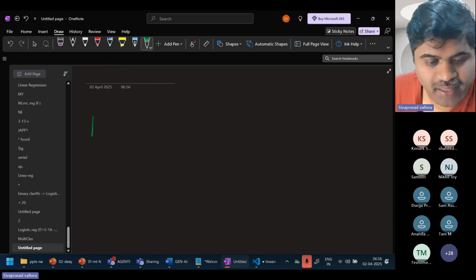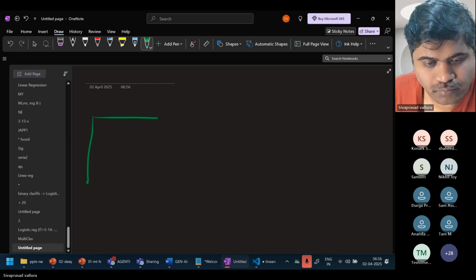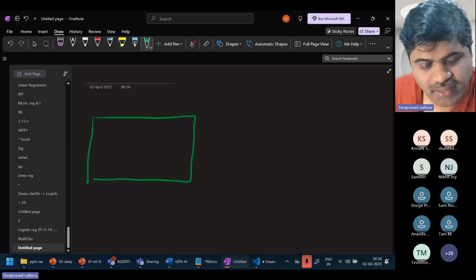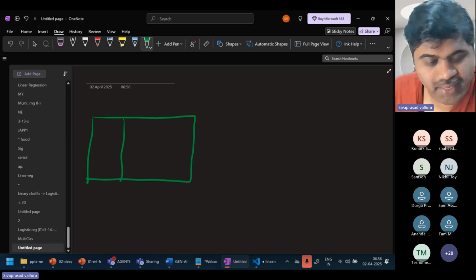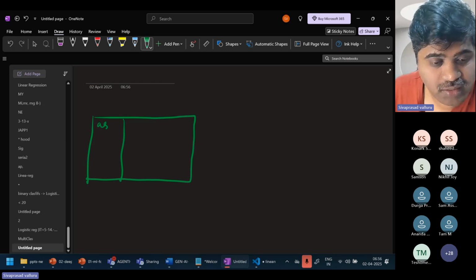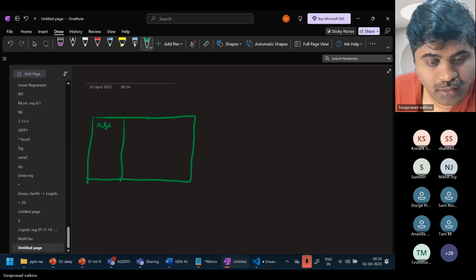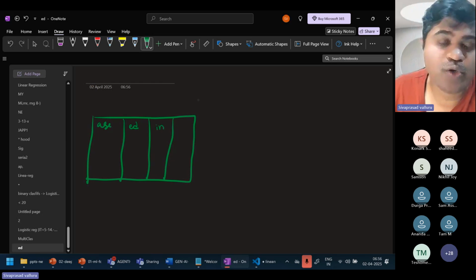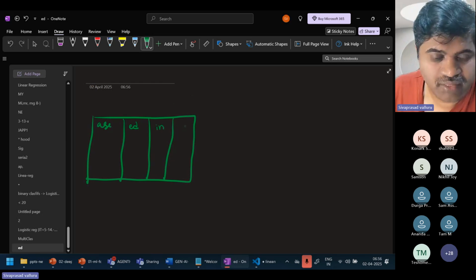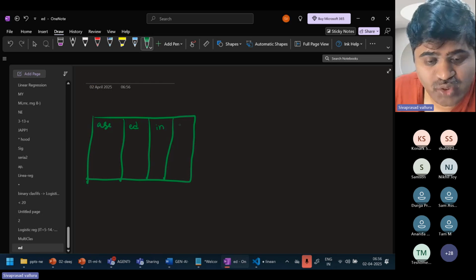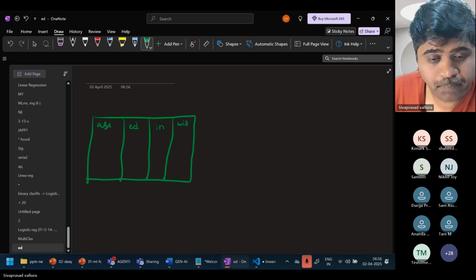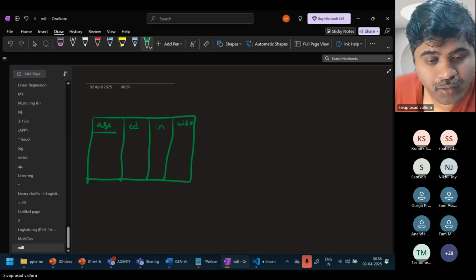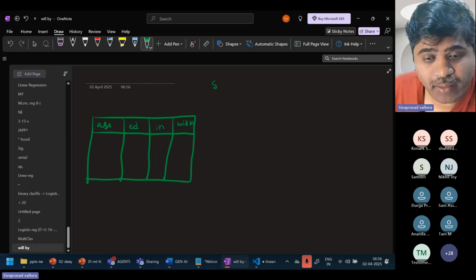So this is my data. Let's assume that I have some data set where I have age, education, and income. I want to predict whether a person will buy an insurance or not. So in this case, what is step 1?